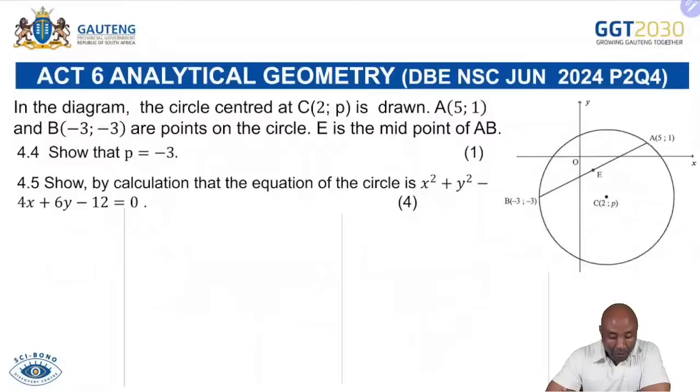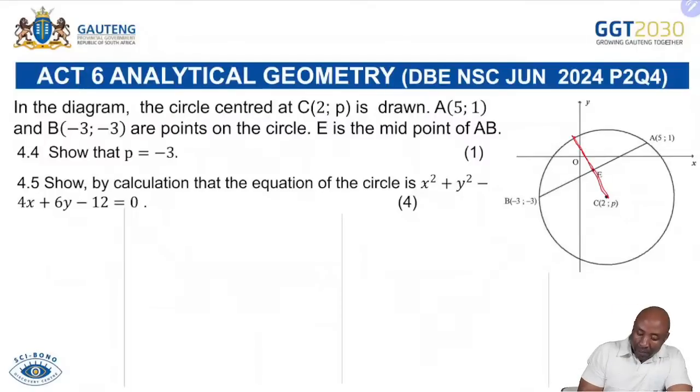If you look at this question, it says show that p is negative 3. We should get the value of p. Now, we deduced the equation of CE, which is a perpendicular bisector, and we said it passes through that point.